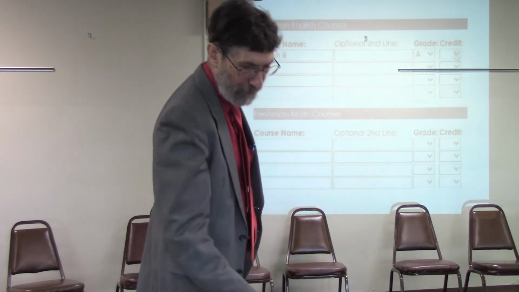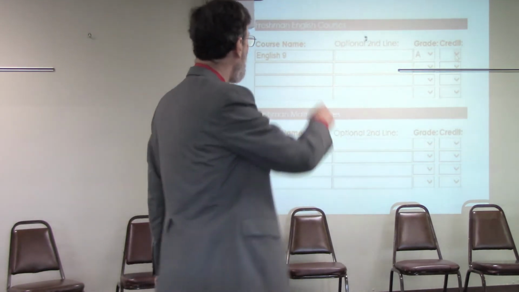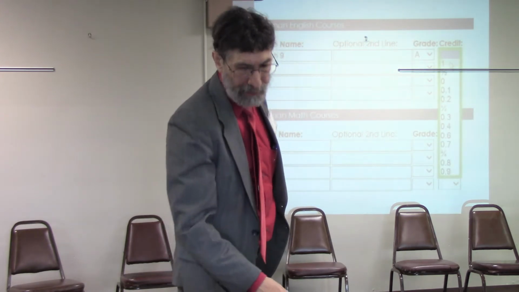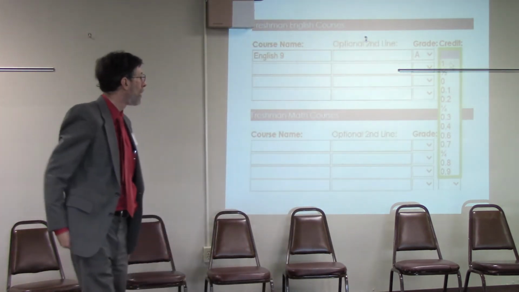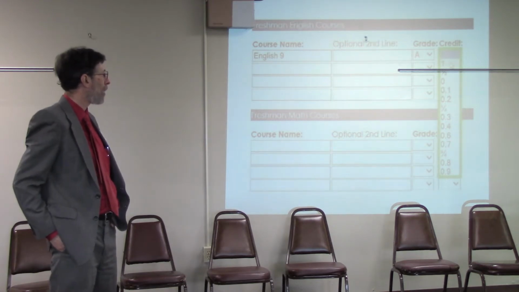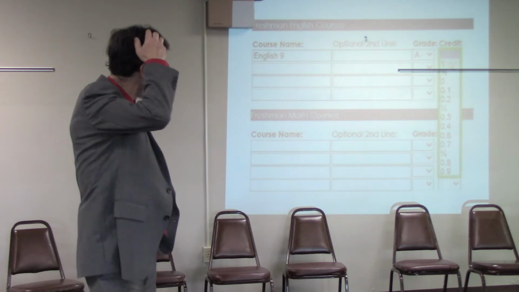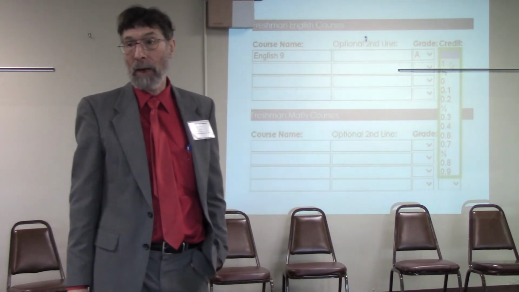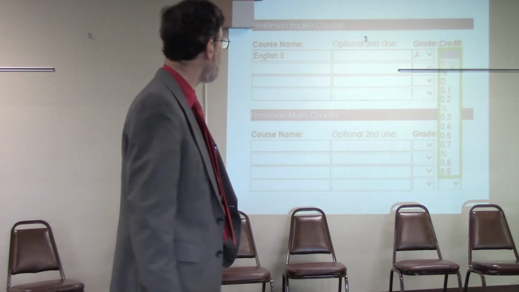I think this student earned an A, so I chose the A, clicked on it with my mouse, and now we're going to the credit line. And here are the options under credit. The top two are the ones you'll most likely use: 1, 1/2, then there's 0, 0.1, 0.2, and so on. For an English course, you don't have any option that goes above 1. 1 is the highest number of credits you could use.